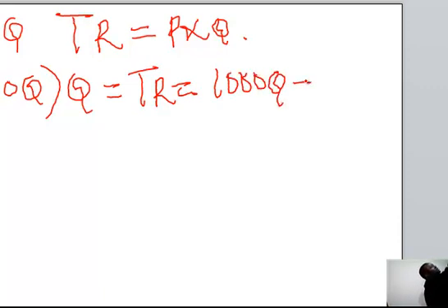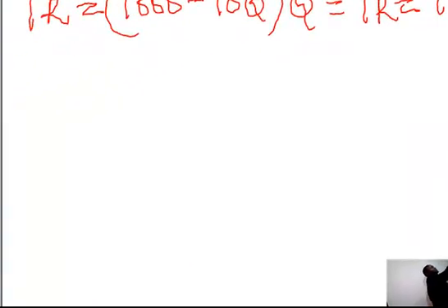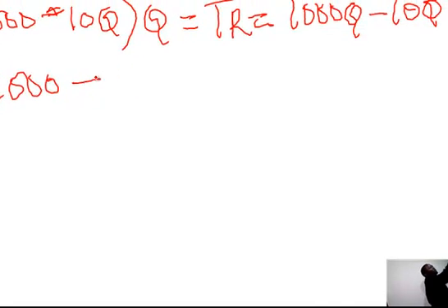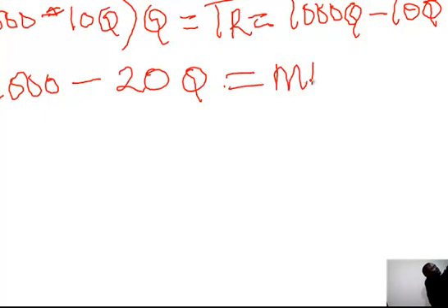If you open the bracket, the total revenue will now be equal to 1000Q minus 10Q squared. So now the next thing to do is to differentiate this total revenue to get marginal revenue. The TR with respect to Q is equal to, when you differentiate this, we have 1000 minus 20Q, which is equal to marginal revenue.